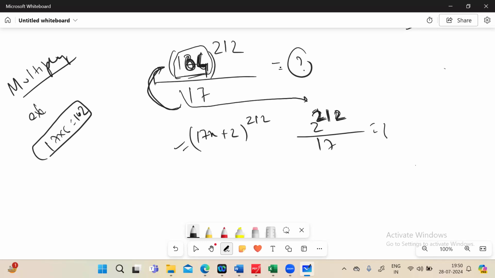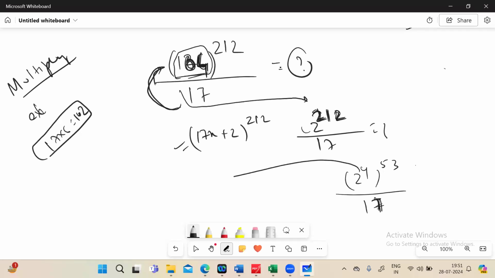So now I know that 2 to the power 4 will give you 16, which is close to 17. And if you draw 2 to the power 4 inside, you will be left with 53 outside.